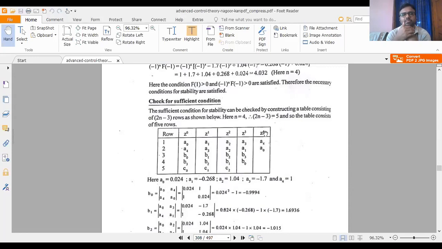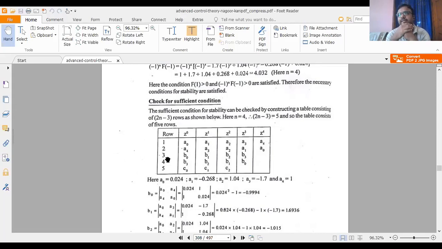We have taken the first row from a0 to a4, but in that textbook the first row goes from a4 to a0, and the second row from a0 to a4, that means the first and second rows are reversed.